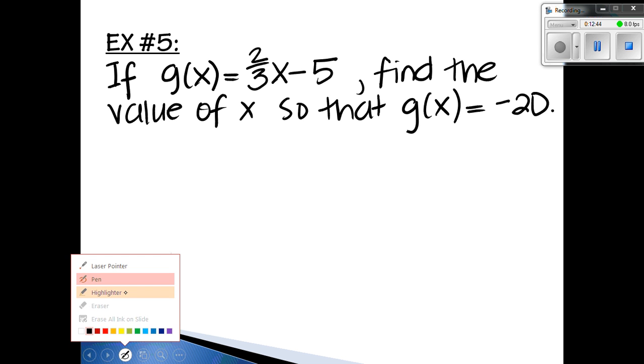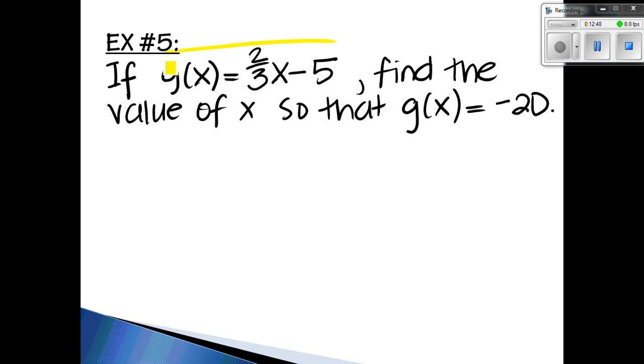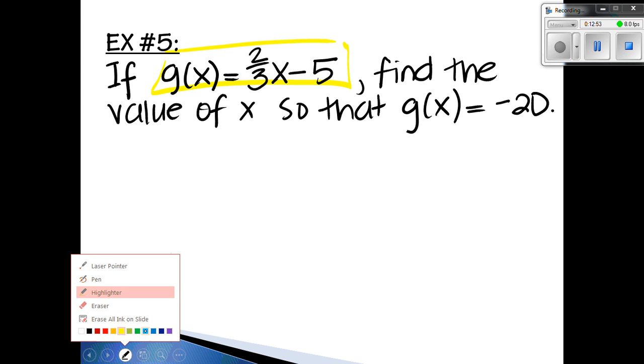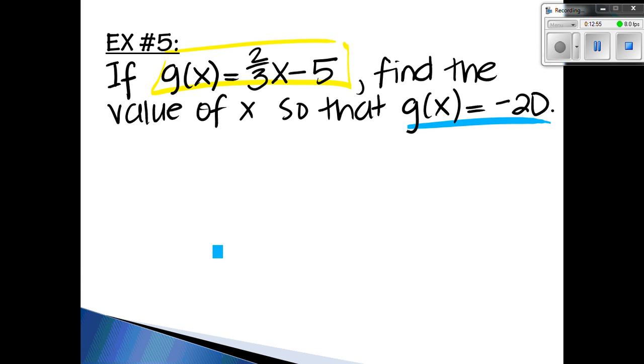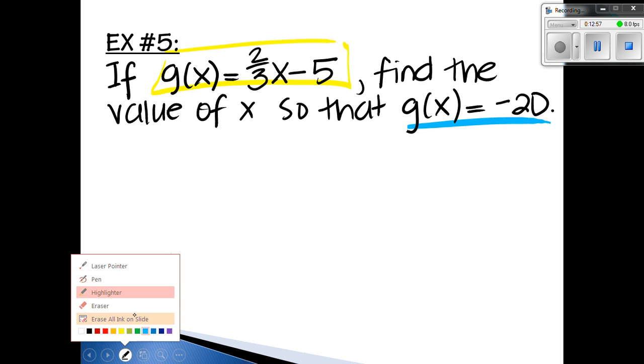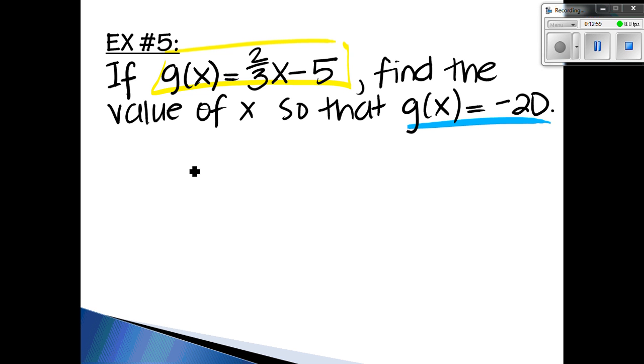They're telling us that g of x equals 2/3 x minus 5, and to find the value of x when g is negative 20. Sorry about that. Let's write it exactly how we did in the other one. g of x equals 2/3 x minus 5, and they told me that g of x equals negative 20.